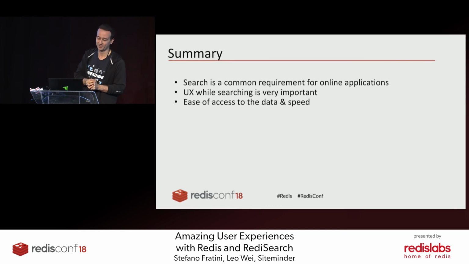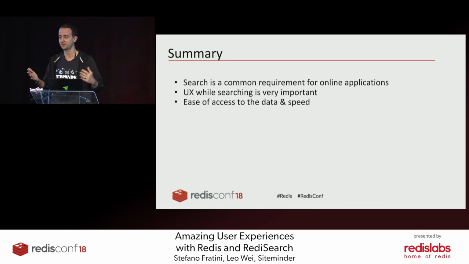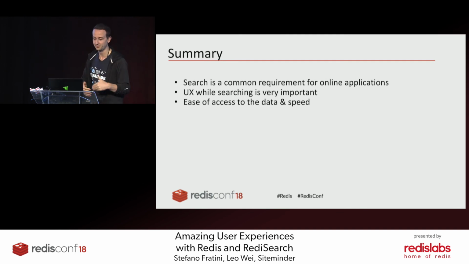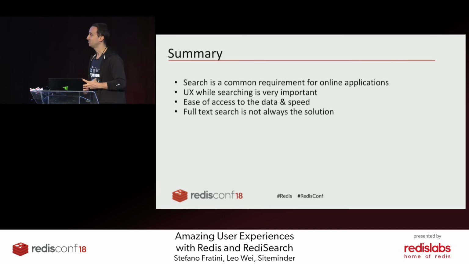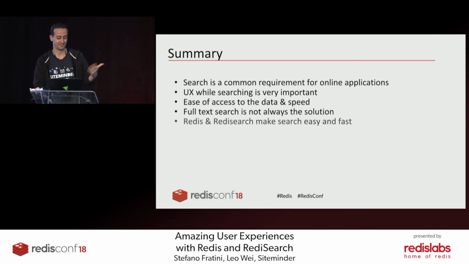One thing that I would suggest to you guys is give it a try. I know everybody's using it as a cache. Caching is okay. You can use memcache for that. But if you want a primary data store, Redis can work for that. And full-text search is not always a solution, even though we started with that idea. But again, Redis and RediSearch make search easy and fast.